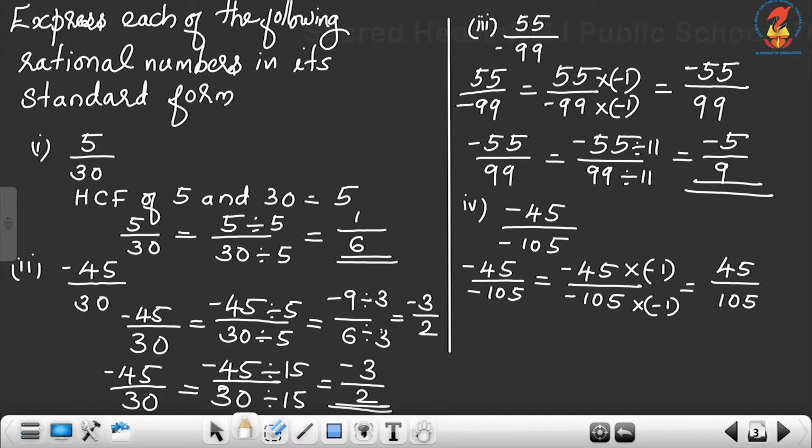No, it is not in the lowest form. So, which is the common factor? Which number comes to your mind as the common factor? 5. So, 45 by 105 divided by 5 is equal to 9 by 21.